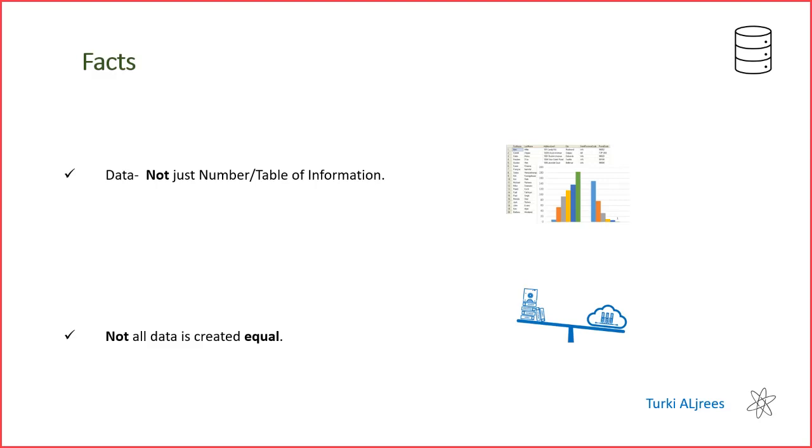So people think only the information that's saved on a table, whether in number fashion or text fashion or whatever, is all the data, and this is what we can call data. Also, people think data are equal, which is really the opposite.